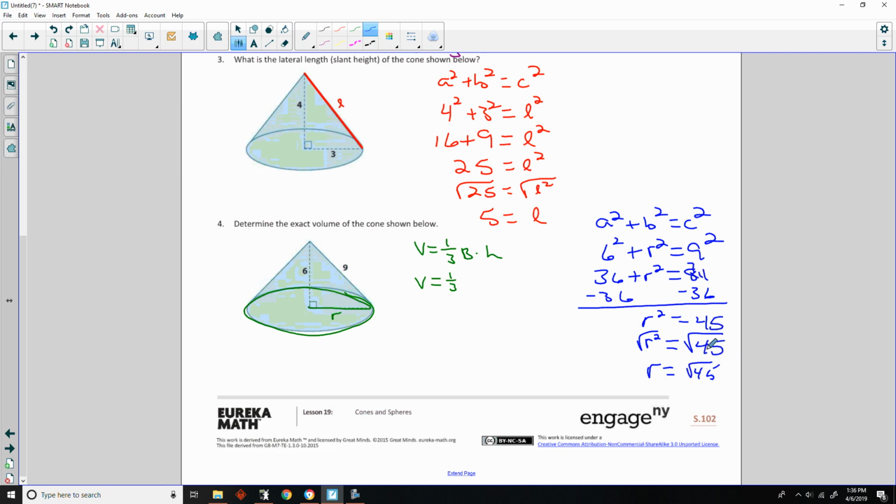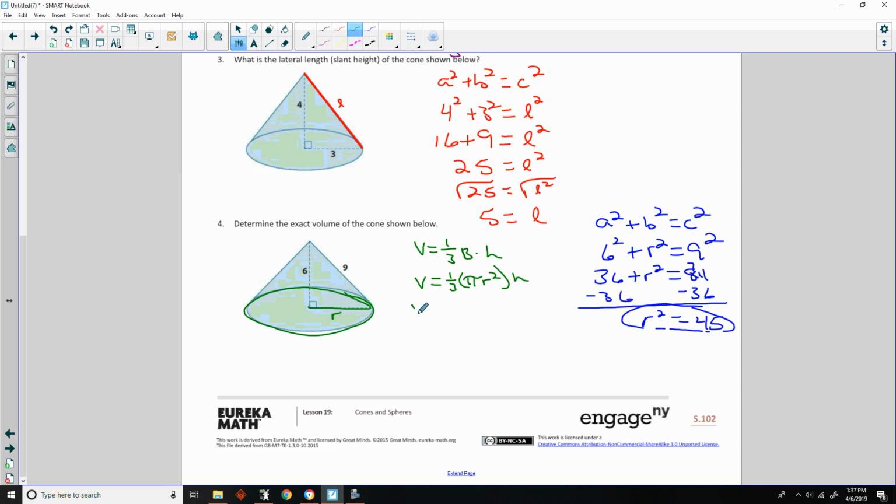I will leave this in radical form, or actually I could leave it as r squared, because our formula is volume equals 1/3 base, then the base is a circle, and the base is pi r squared times the height. And since I need an r squared, I have r squared here, so it wasn't necessary for me to find the radius, but it is the square root of 45. But I need r squared, which is 45.